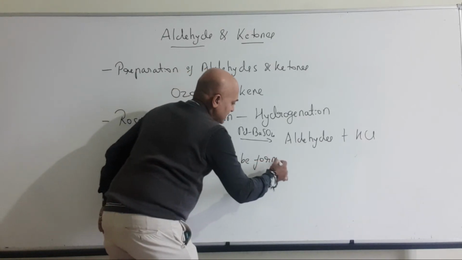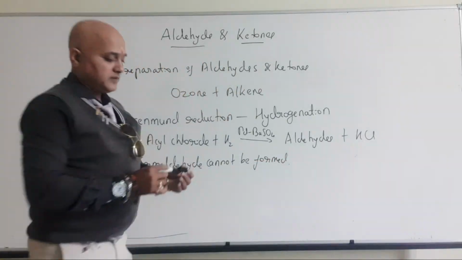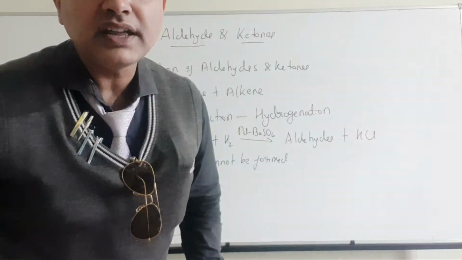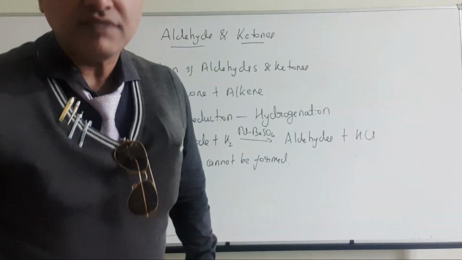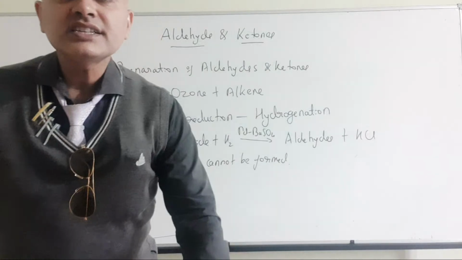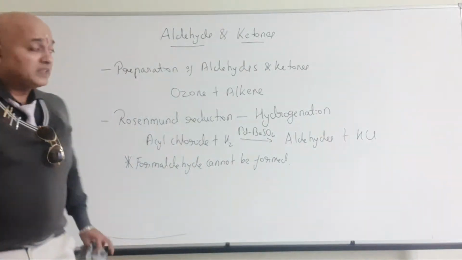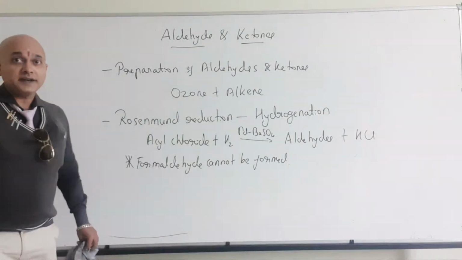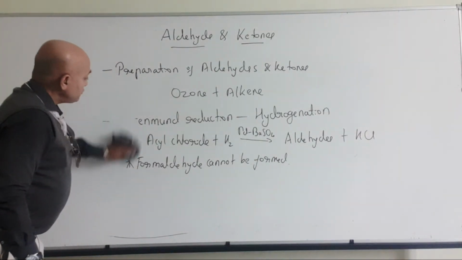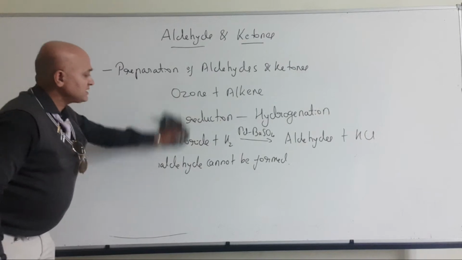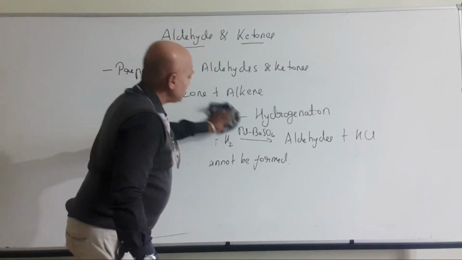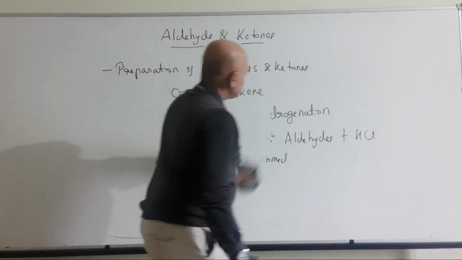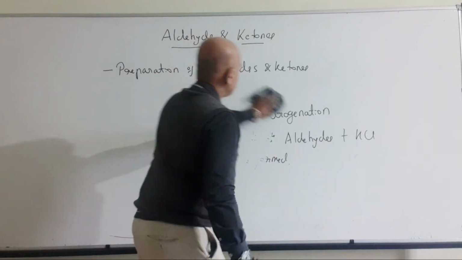Why? What is the reason? Okay, yes, very good. Due to the instability of the reactant. For the preparation of formaldehyde, we require formyl chloride. So due to the instability of the reactant, formaldehyde cannot be prepared by the Rosenmund reduction process.